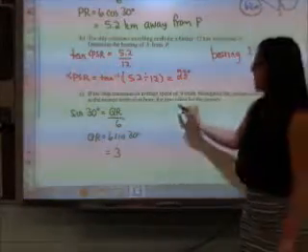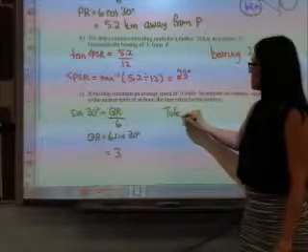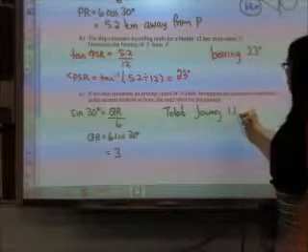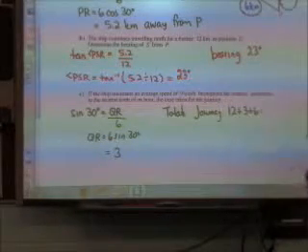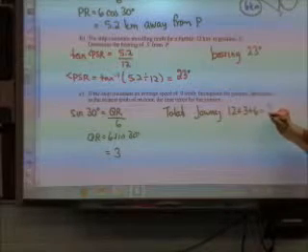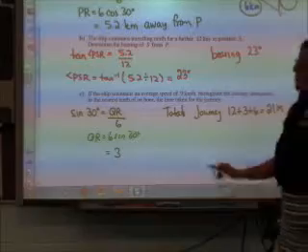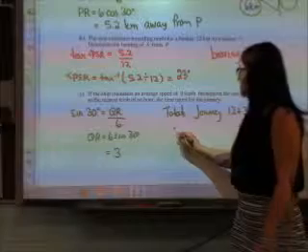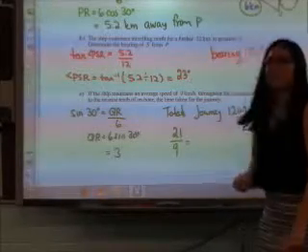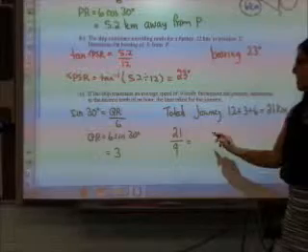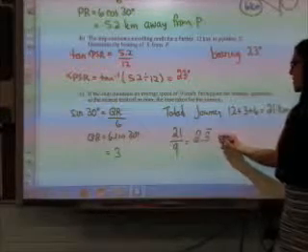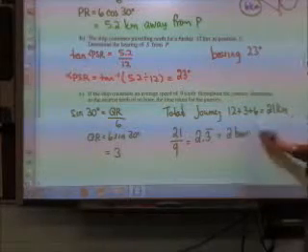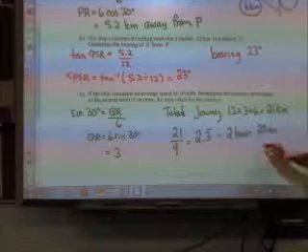So now I have the total journey. 12 plus 3 plus 6 is how much? 21 kilometers. And I'm traveling 9 kilometers an hour. So how do I figure out time? Divide by 9. What do you get? 2.3 repeating. So 2.3 repeating means 2 hours and 20 minutes, or a third of an hour.